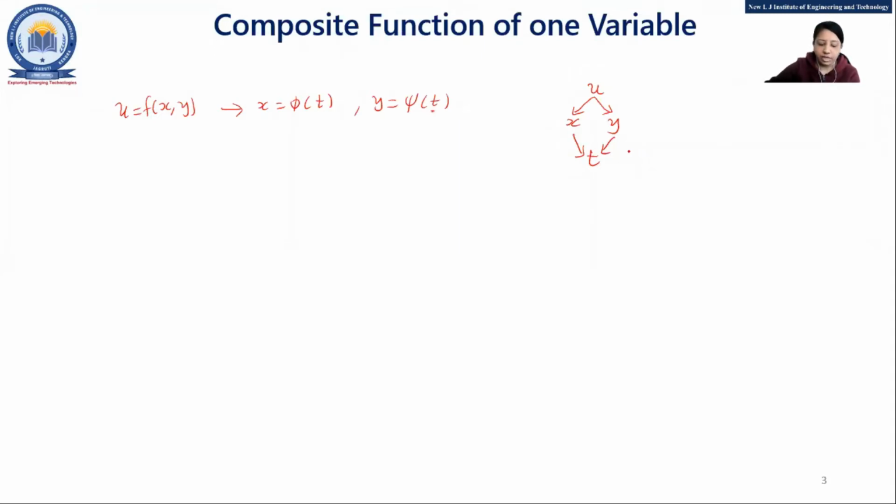This is the graphical form. Right? So what can we say? U is a function of t, called a composite function of one variable.